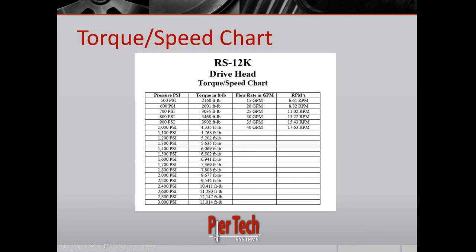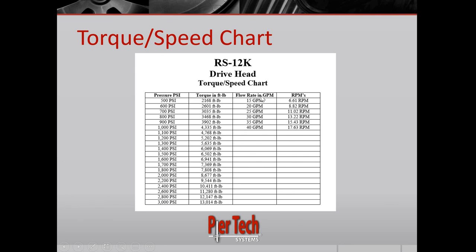And then for sizing purposes for your drive head and determining how fast your drive head will go, we use flow rate, and this is the speed of your fluid flowing through your hydraulic motor in gallons per minute. And then you have the speed of your actual spinning revolutions of your pier in RPM, revolutions per minute.